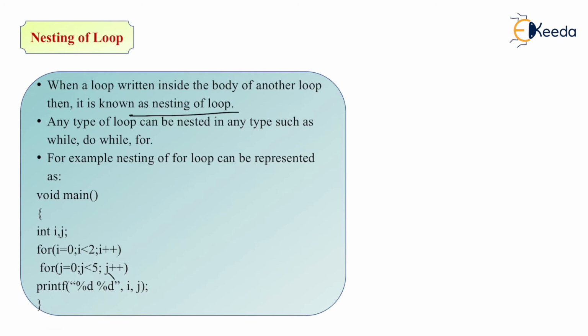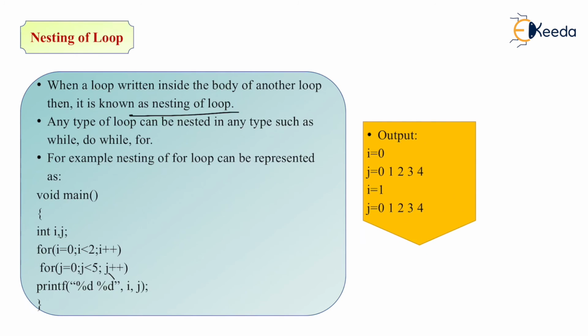So the output for this program will be like this. Initially you will get the value of i equal to 0. Then for the inner iteration the value of j will be 0, 1, 2, 3 and 4. Then for the next iteration the value of i will be 1. And the value of j becomes 0, 1, 2, 3 and 4.